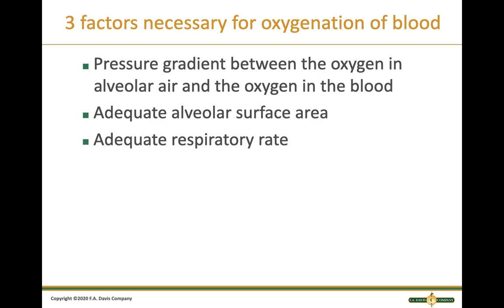Then we need an adequate alveolar surface area, so you need your alveoli not to be destroyed, because that's where gas exchange happens, at the alveoli. And then you also need an adequate respiratory rate, so you have to continually breathe in more oxygen and breathe out the carbon dioxide. You can hold your breath for a little while, but not too long.